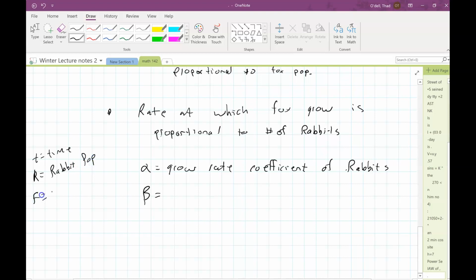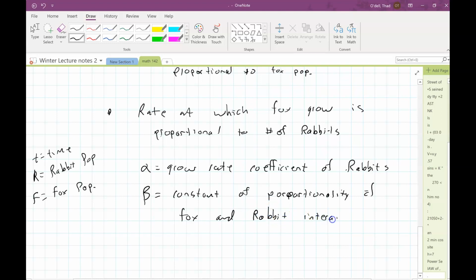And we'll let f equal fox population. So r and f are dependent variables, t is the independent variable. Okay, so then beta is going to be the constant of proportionality that measures the interaction of fox and rabbit.